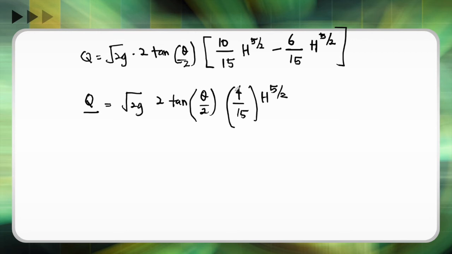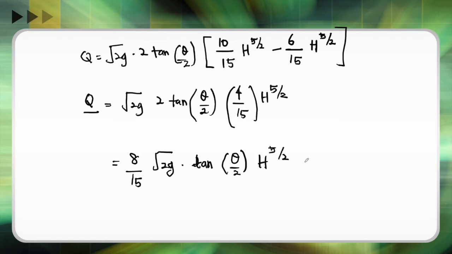So now we have to multiply 4 with 2. So we will get 8 over 15, square root of 2g, tan theta over 2, H to the 5 over 2. So this is the equation.